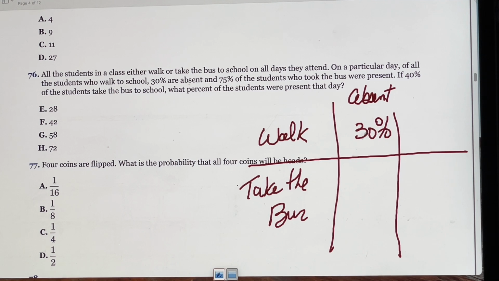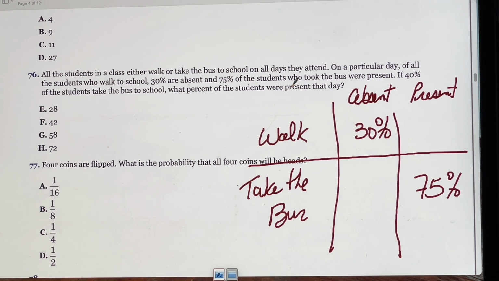And 75% of the students who take the bus are present. If 40% of the students take the bus to school, what % of the students were present that day?